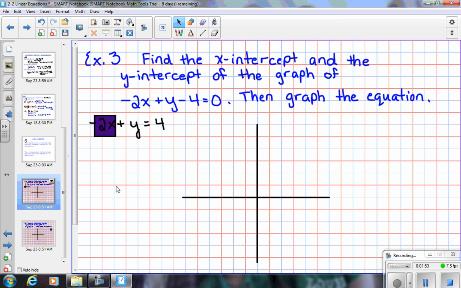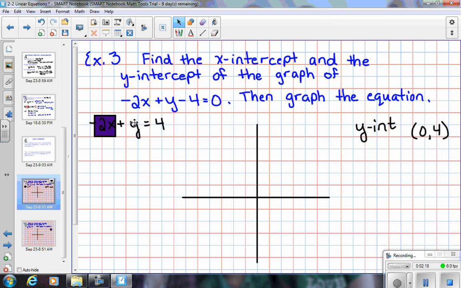Well, I guess you can see through it, but you get the idea. If we cover up this term, we end up with y equals 4, and that's the y-intercept. So the y-intercept is the point (0, 4), because we let x equal 0, and when we solved for y, we got 4.